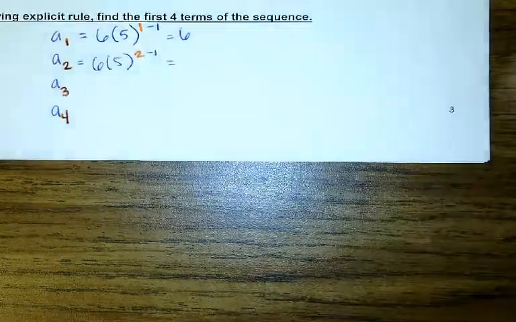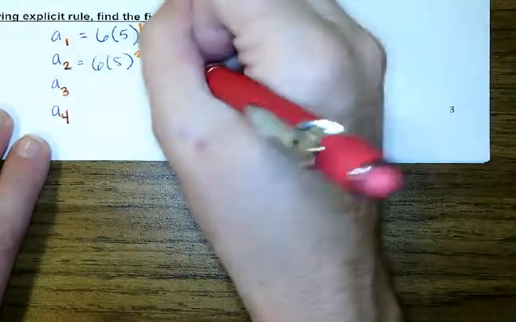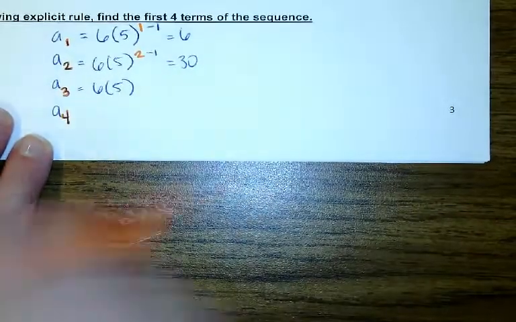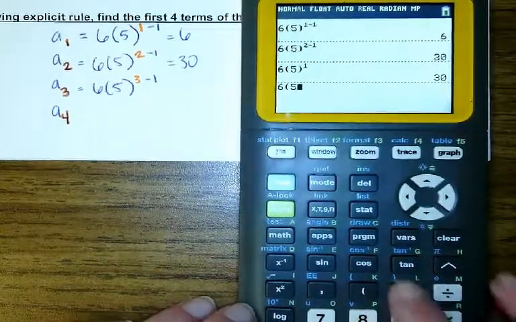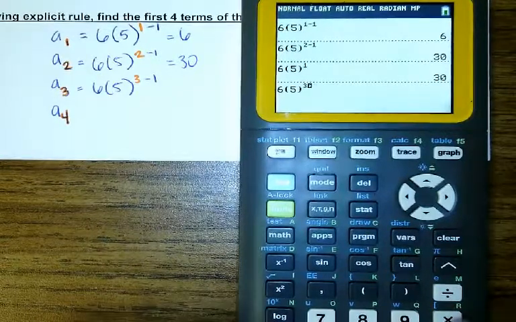Okay? And then we're going to do 6 times 5 to the 3 minus 1 power. So we'd go here, and we'd say 6(5) to the 3 minus 1 power, or to the 2nd power.